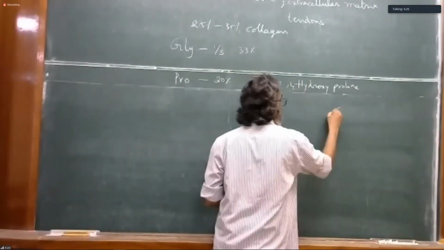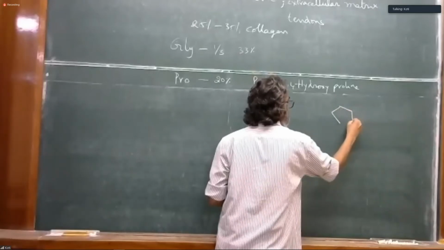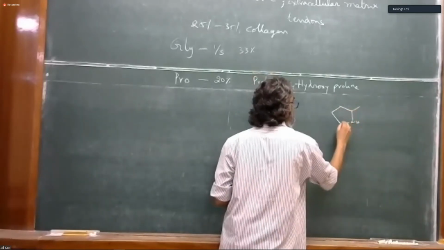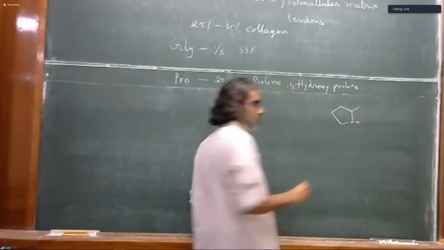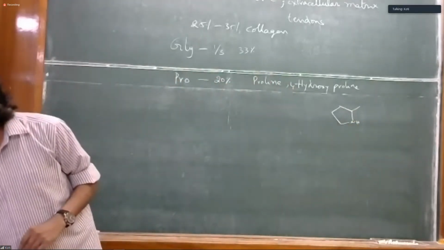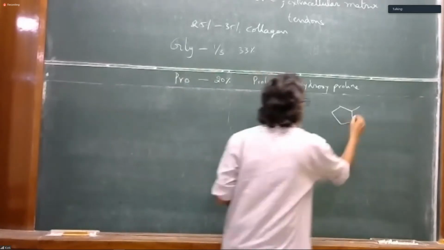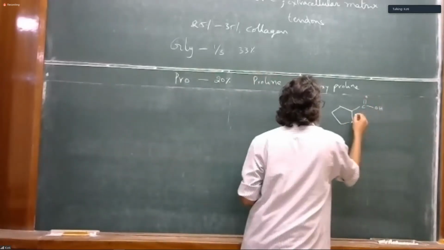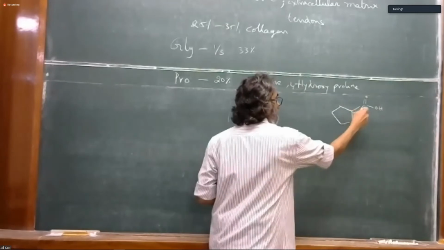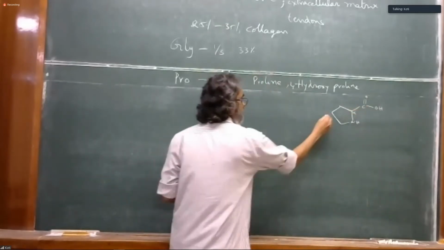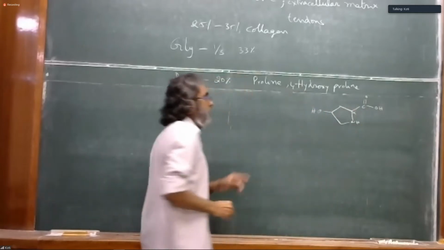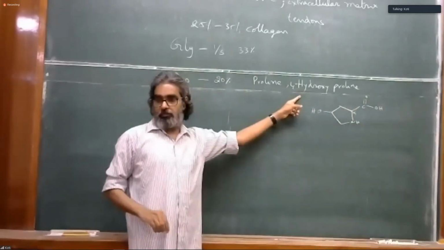If you take the side chain of proline, so that's your ring, and that's proline, NH, and that's the C alpha. If you substitute this position with OH, then this is hydroxyproline.